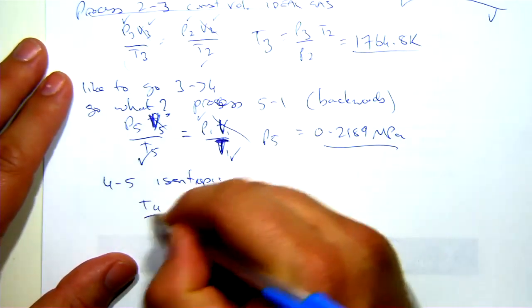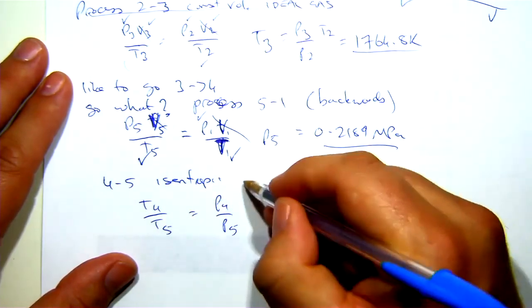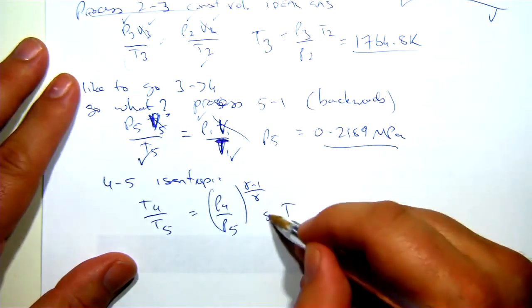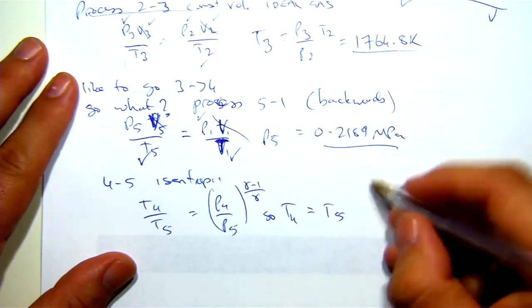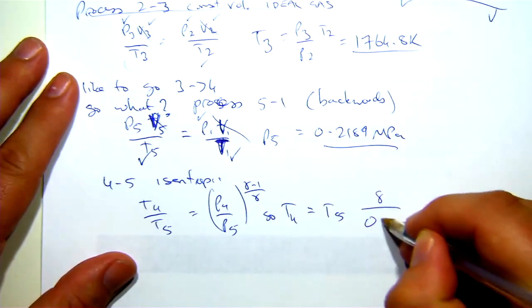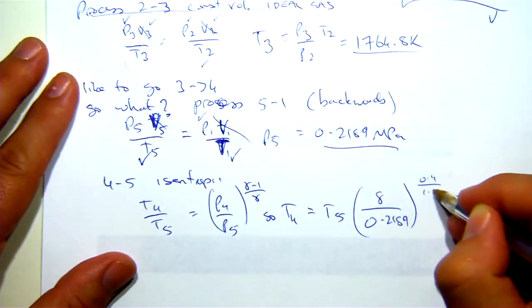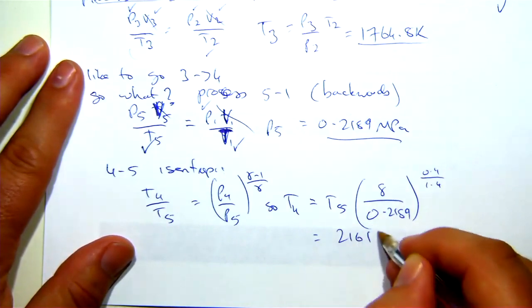Let's say T4 on T5 equals P4 on P5 to the gamma minus 1 on gamma. So T4 equals T5 times 8 on 0.2189 to the 0.4 on 1.4, which equals 2161 Kelvin.